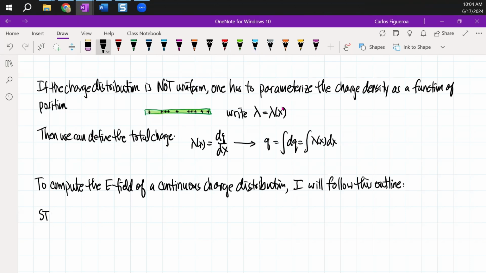I'm going to start with step 1. Here I ask the question, what is the physics of the field before you calculate it?